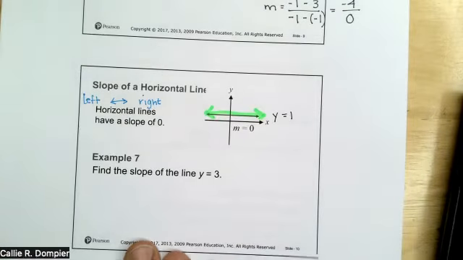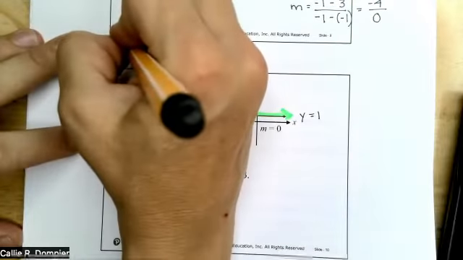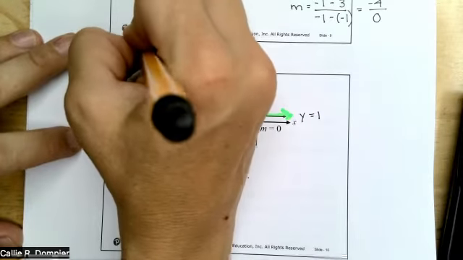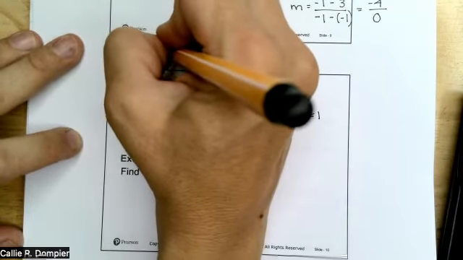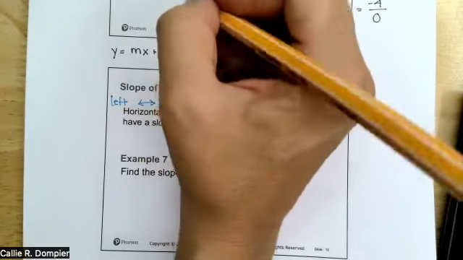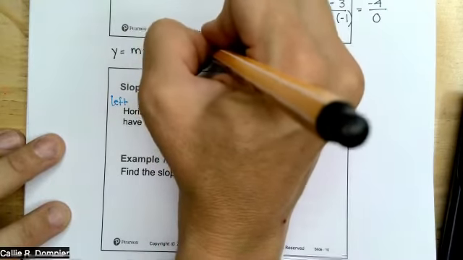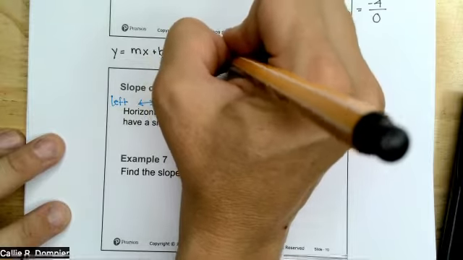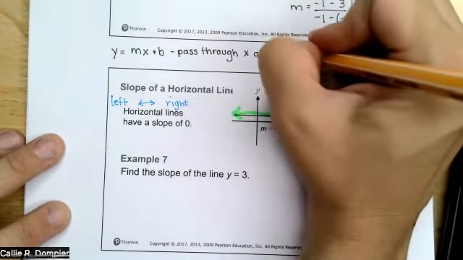And if it has both, like y equals mx plus b, that's going to pass through, for sure, the x and y axes.